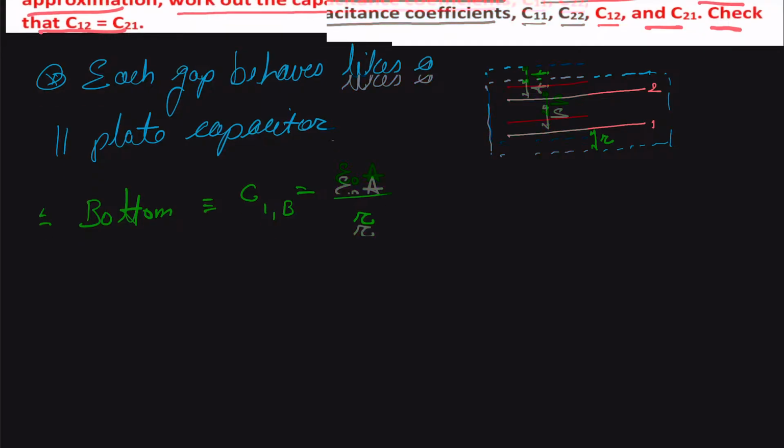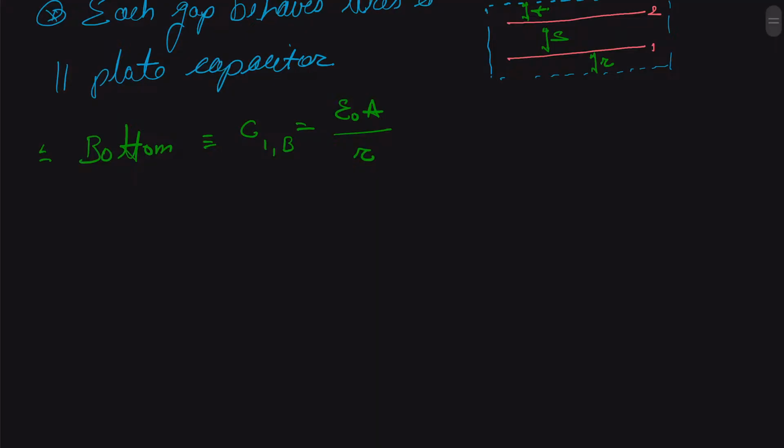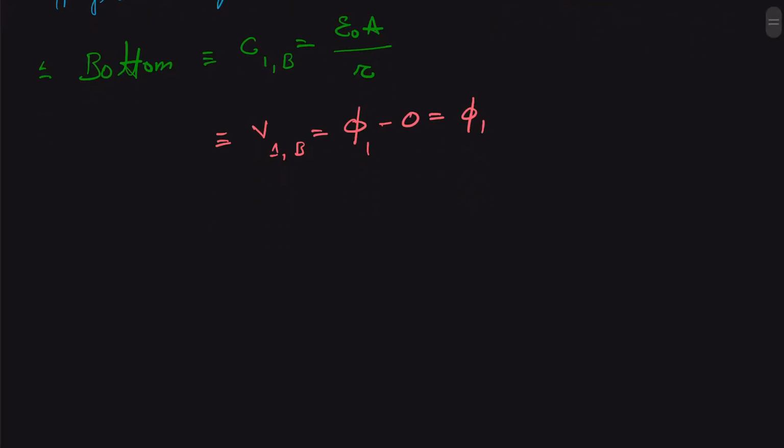From here, we can also say the potential difference between the first plate and the bottom will be equal to potential on the first plate and potential at the bottom. Potential at the first plate is, let us suppose, given as phi1, and the potential at the second plate is, let us suppose, given as phi2. So this will be phi1 minus 0, since the enclosure is given as 0 potential. So this is equal to phi1.